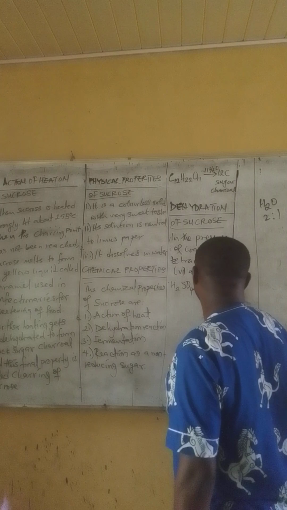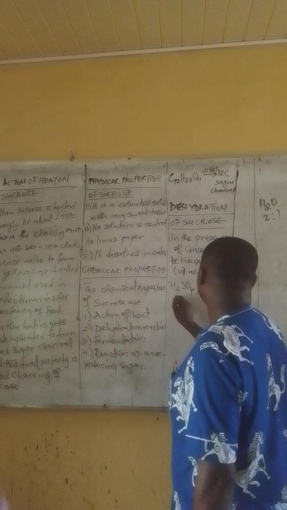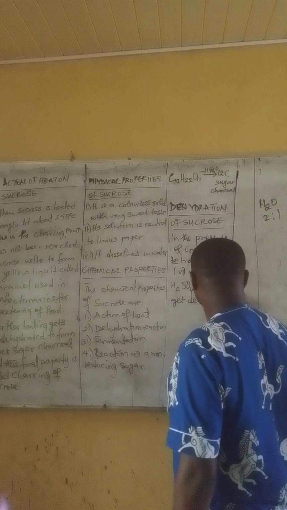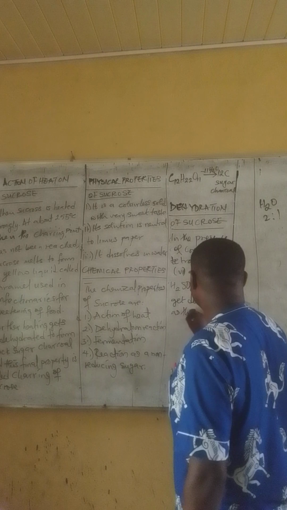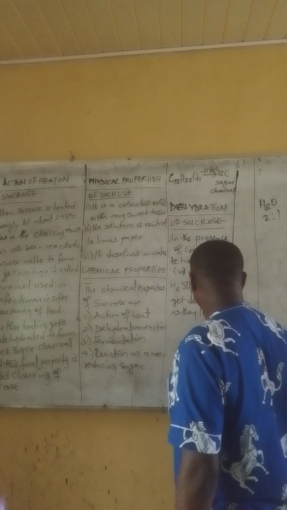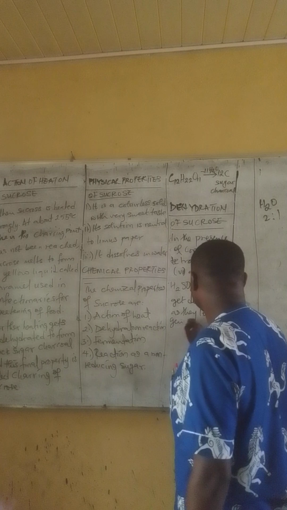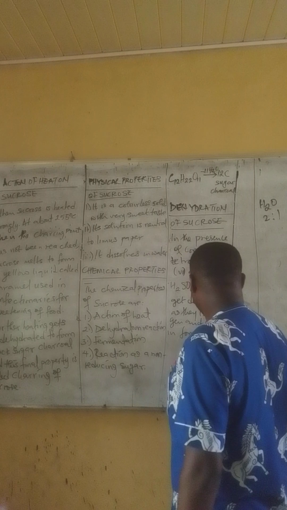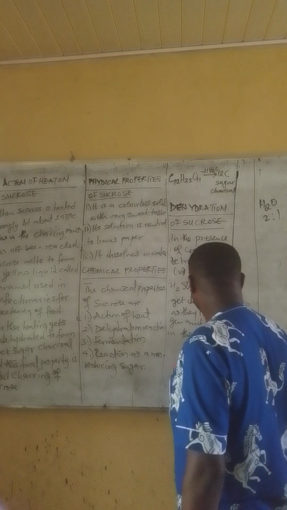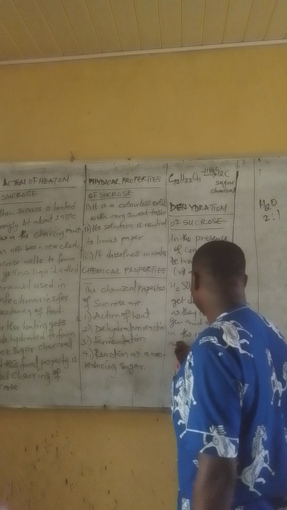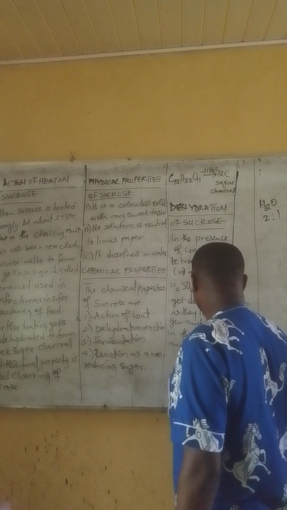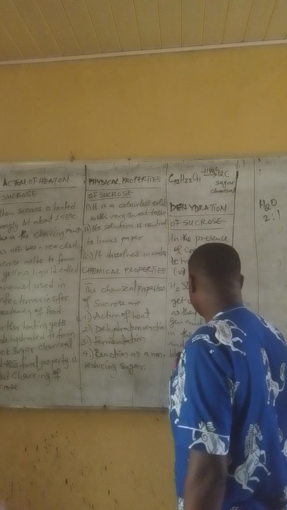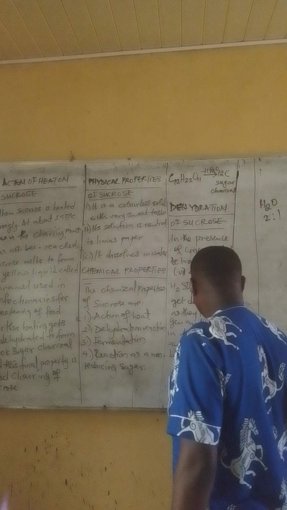Now, sugars get dehydrated as they lose hydrogen and oxygen in the ratio 2:1, and then form black carbon called what?